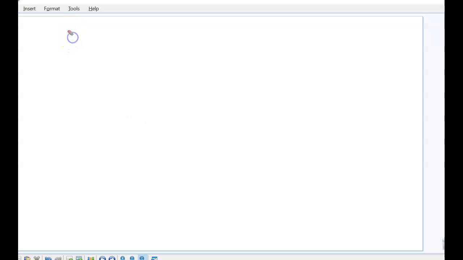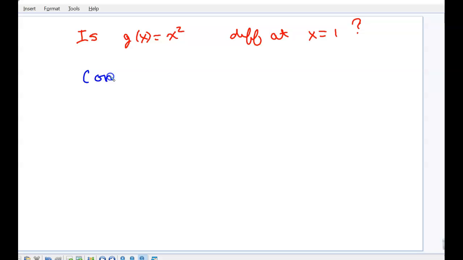So it's asking us, first of all, is the function g(x) = x squared differentiable at x equals 1? Well, the first thing you need to do is show that it is continuous at x equals 1. So we have to prove that it's continuous at x equals 1. First of all, is there a value of the function at 1? Well, yes.